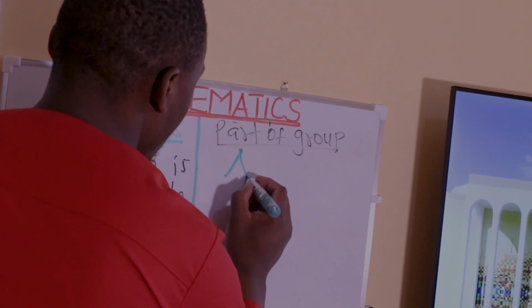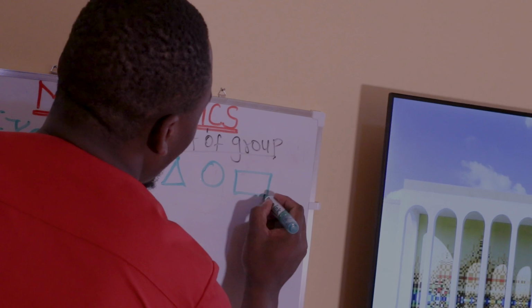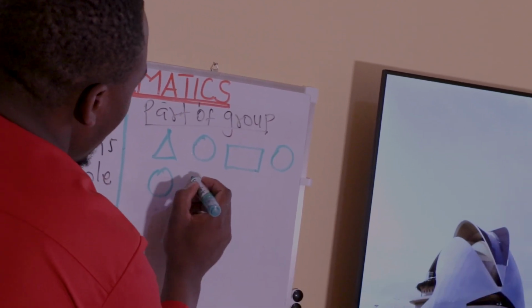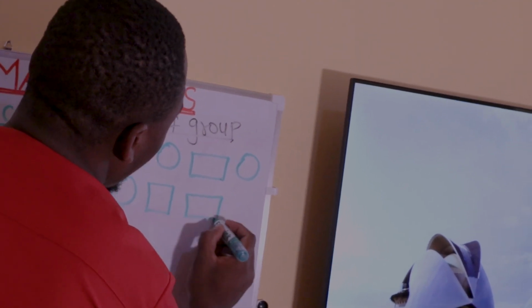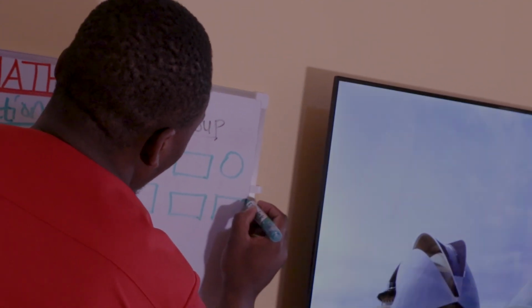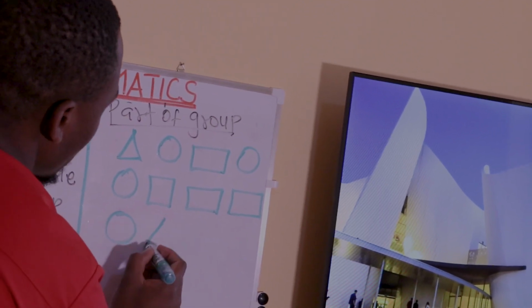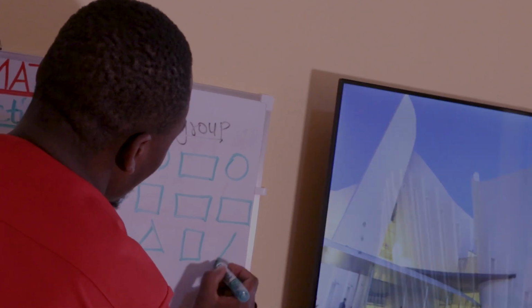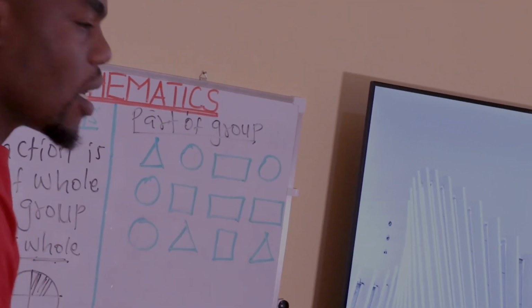For example, this is a triangle, a circle, a rectangle, another circle, a square, a rectangle again, and another rectangle. Yes, a circle, a triangle, a square again, and a triangle. You put them together. This is a group of shapes.